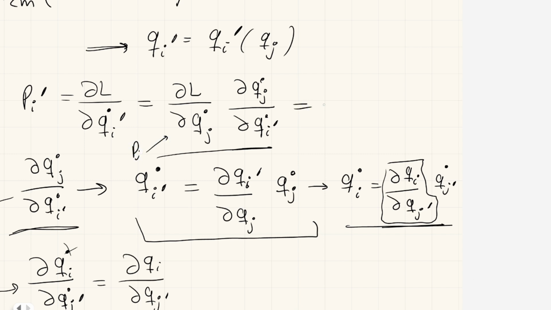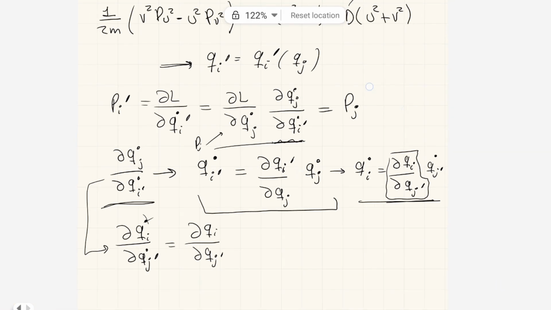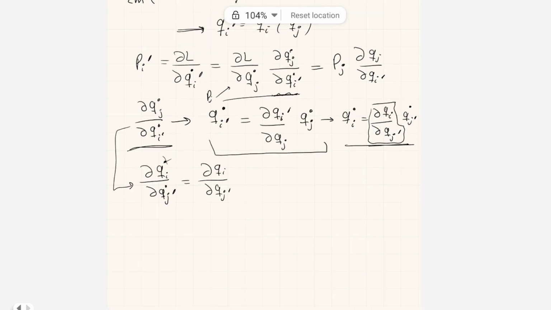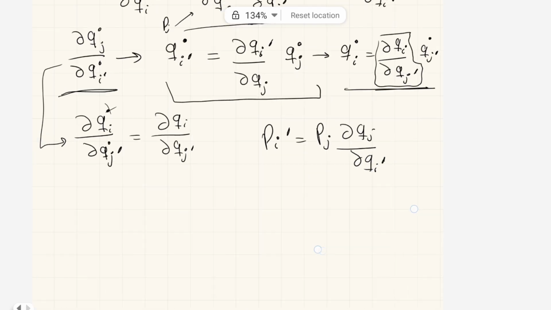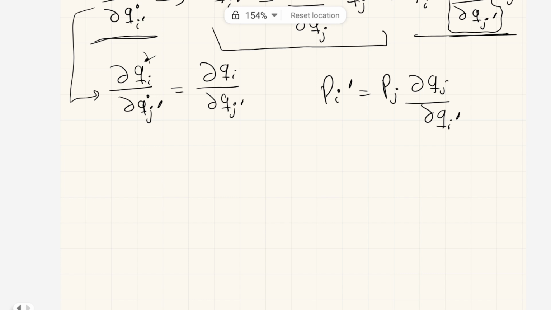So this is equal to pj, and then times this, which is the derivative of qj with respect to qi prime. Okay, so let me rewrite that equation here. Pi prime is equal to the sum over j of pj times the derivative of qj with respect to qi prime. Perfect. So what will be p1 prime? Well, that is, of course, pu.